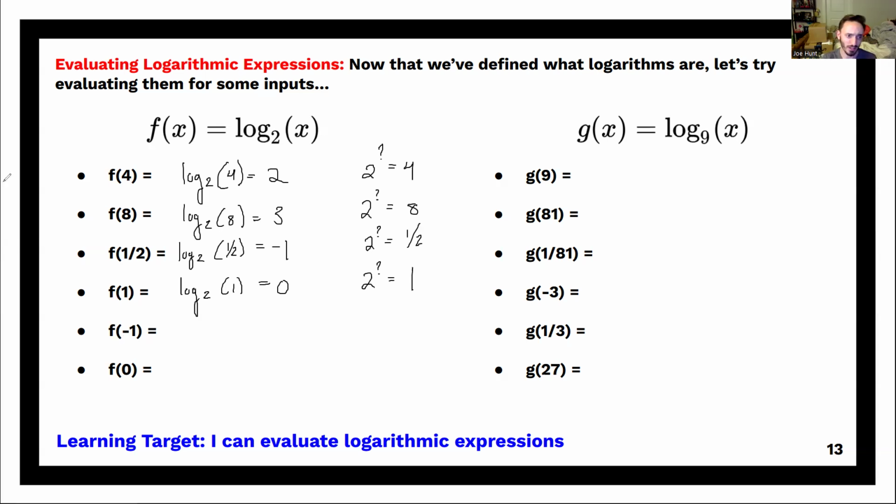There's a couple of these down here that are going to be kind of interesting questions. In these two, they ask us to evaluate the log of -1 and the log of 0. And essentially what that's saying is, hey, what power do you give a 2 to look like a negative? Or what power do you give a 2 to look like nothing?